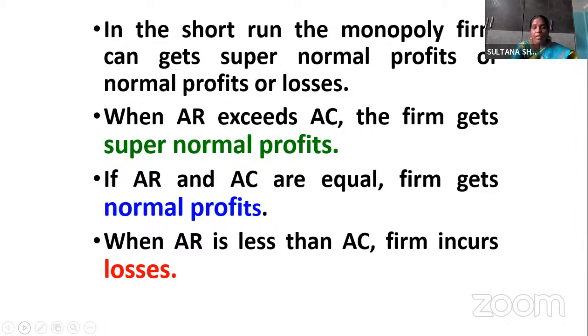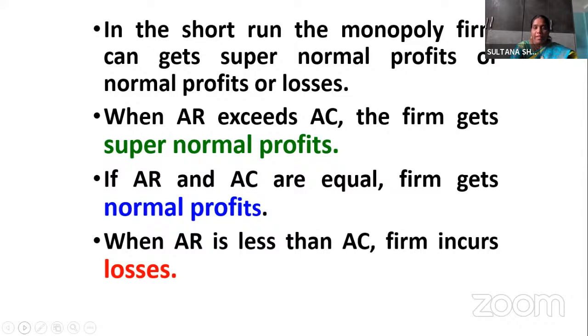How can we know whether the firm is getting profits or losses? We can understand with the help of graphical representation also. When average revenue exceeds average cost, the firm gets supernormal profits.